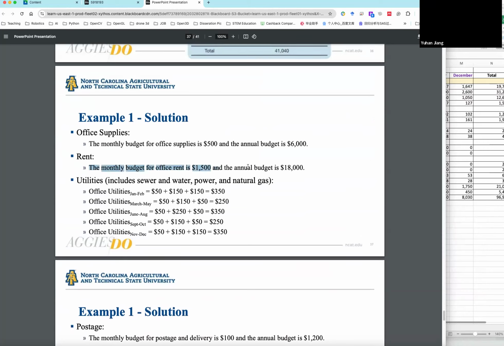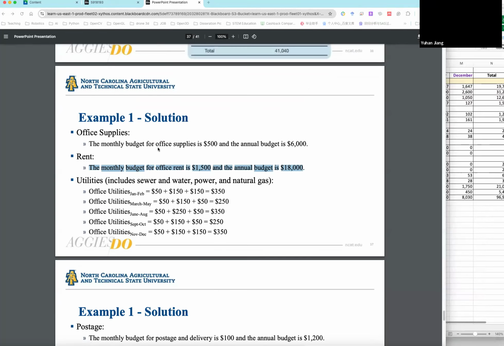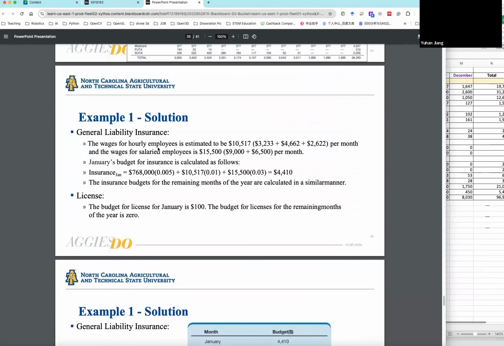The monthly budget for office rent is this one. So this looks like a given number.